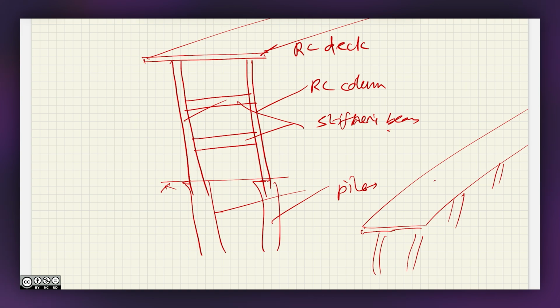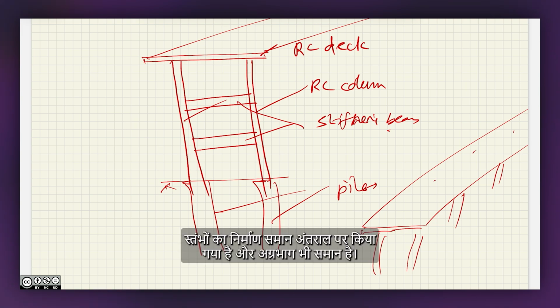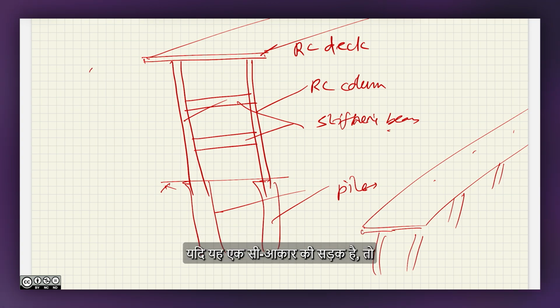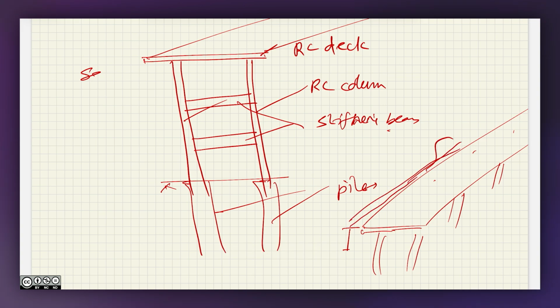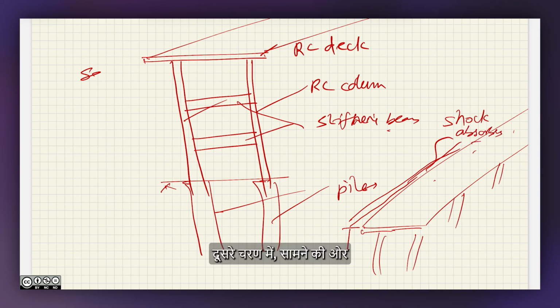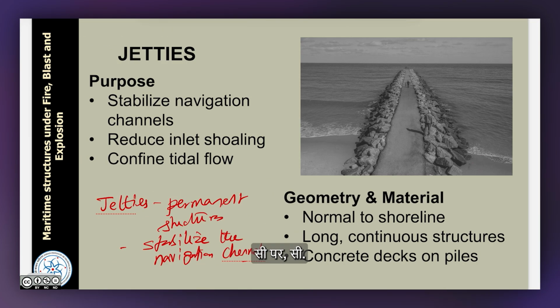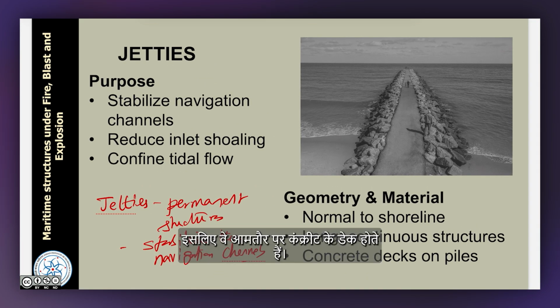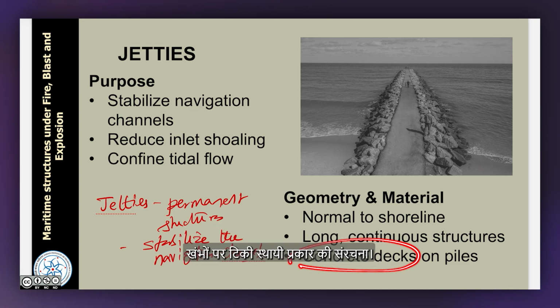And the columns are constructed at equal intervals, and the facing, if this is the seaside, the facing will have shock absorbers. Okay, faced on the front on the seaside. So, they are usually concrete decks, permanent type construction resting on piles.